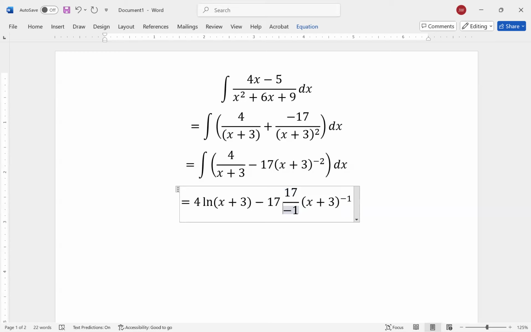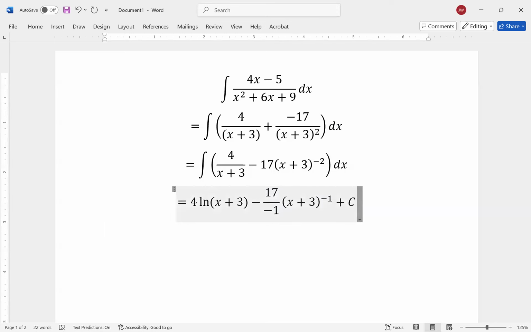by a negative 1. Now, you're going to see, obviously, you already see, I'm sure, what happens here. Negative 17 over negative 1 becomes a positive 17. And if you want to think of this x plus 3 to the negative 1 in fraction form, that's usually a good thing to do as well.